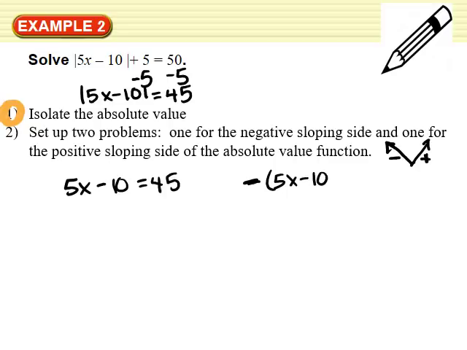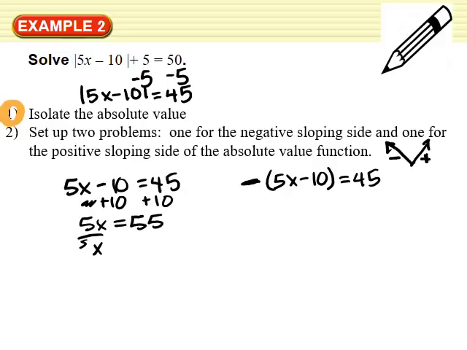So I'm going to take that 5x minus 10, and it's all going to be to the negative. The first equation we set up in this case was pretty easy to solve. You've been doing equations like this for a long time now. We end up with x equals 11.